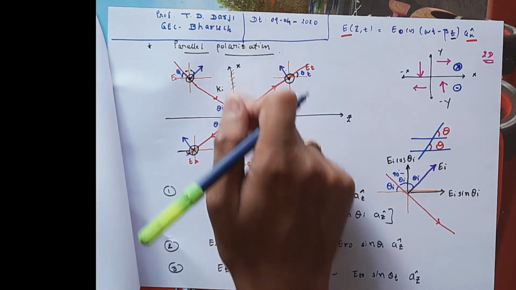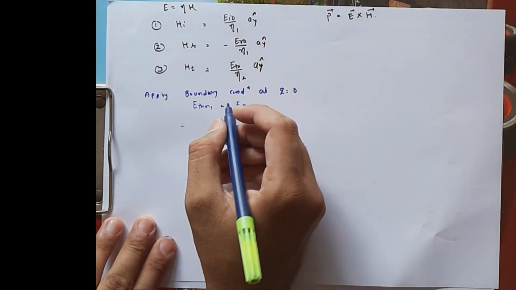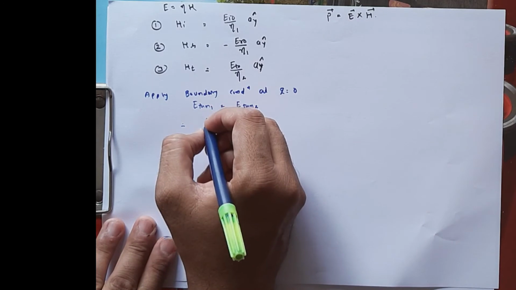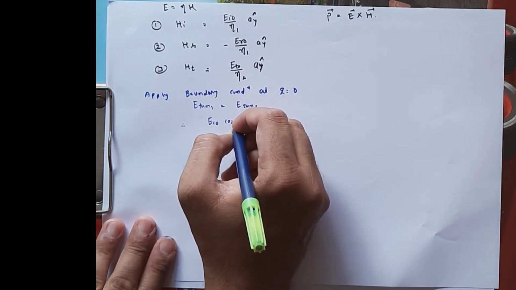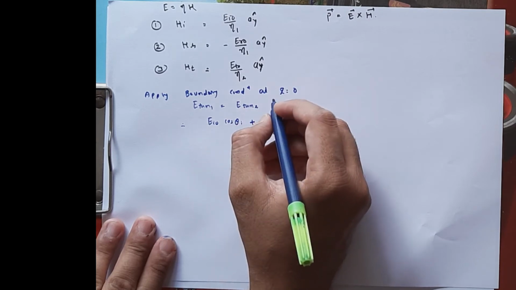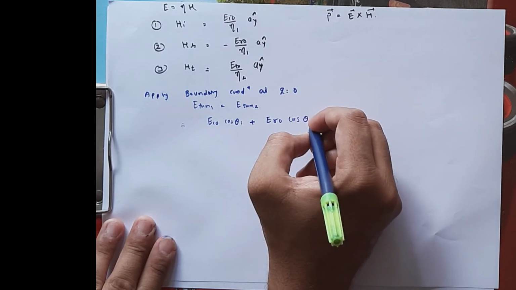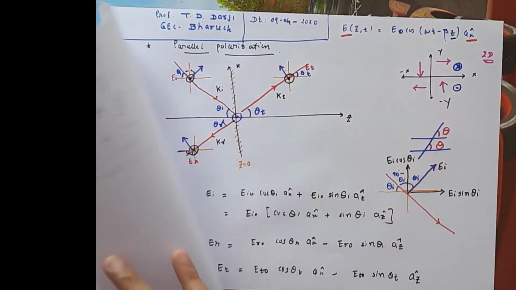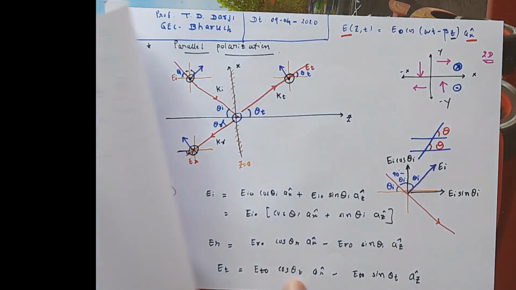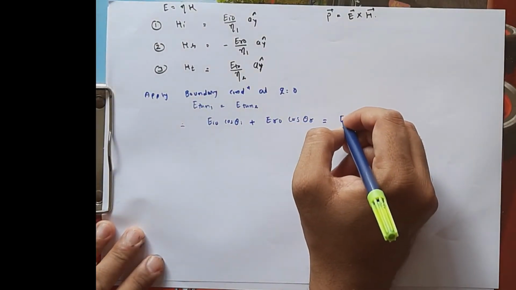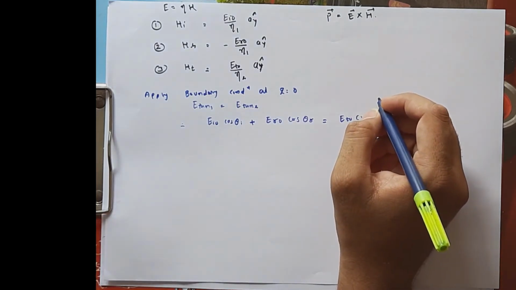That means they are in the same direction of X. So E tangential 1 is EIO cos theta I plus ERO cos theta R, equal to the component tangential to the boundary for the transmitted wave, ETO cos theta T.